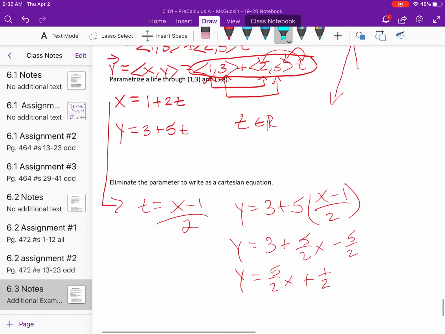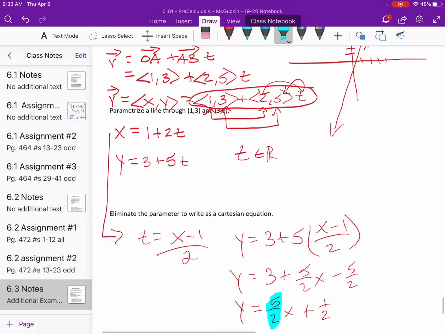So when I say change in y over change in x, what does that remind us of? Hopefully you remember that that's our slope. Change in y over the change in x is our slope. So 5 halves. Take a look at this direction, guys. The change in y over the change in x. It's kind of cool how they have some relationships there.